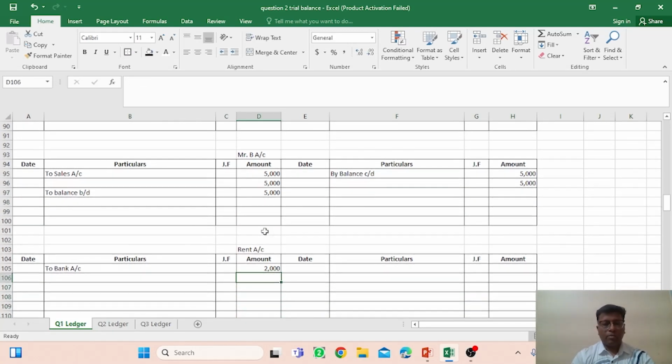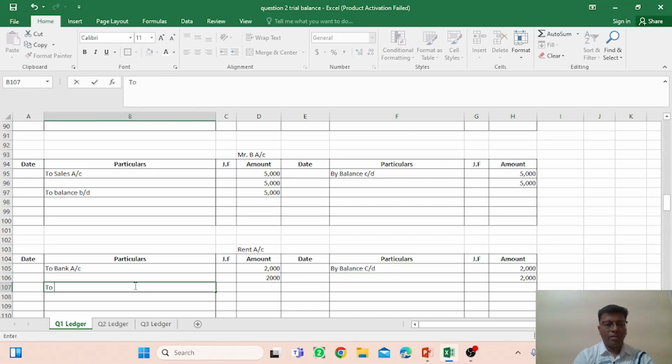In the rent account, 2,000, 2,000, and by balance CD, and to balance BD, amount is 2,000, right?